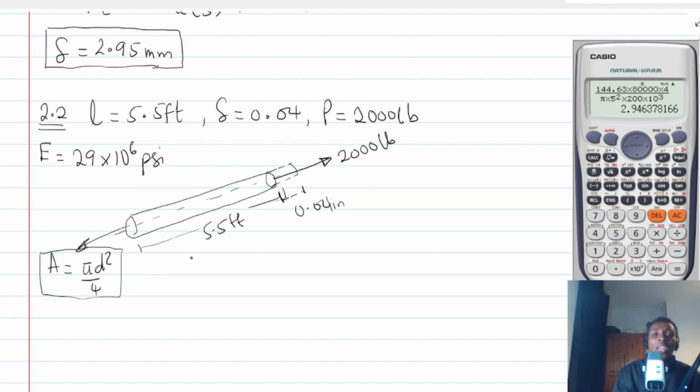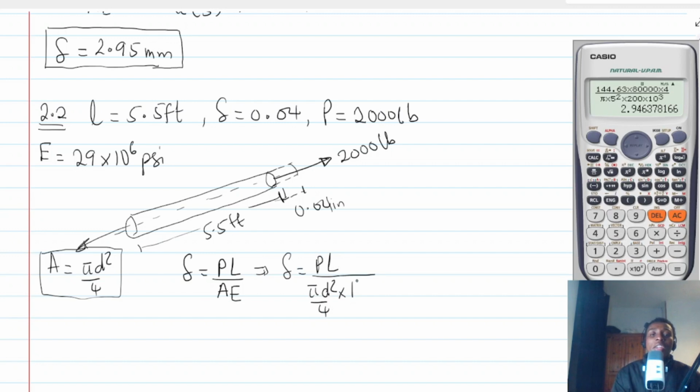The elongation is actually given by PL over AE. If we have L, delta, P and E, then we can find A, and the area will give us the diameter. In fact, we can say that our area is pi d squared over 4.